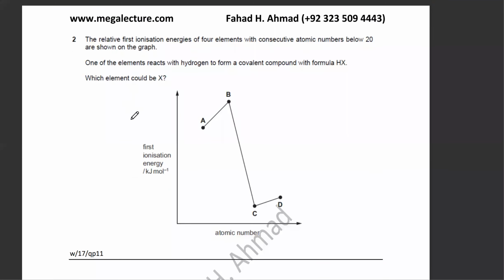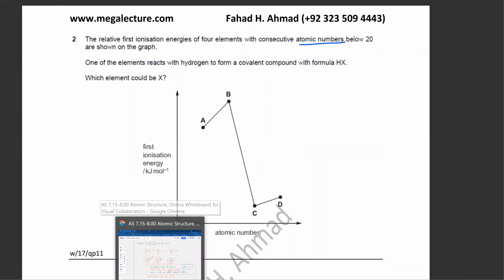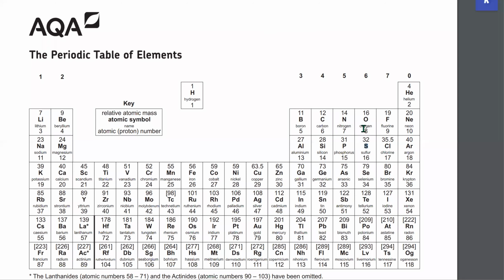That is saying the relative first ionization energy of 4 elements with consecutive atomic numbers. So it's consecutive atomic numbers, you're moving across the period. Consecutive proton numbers, he's talking about 4 elements, so it could be 5, 6, 7, 8.